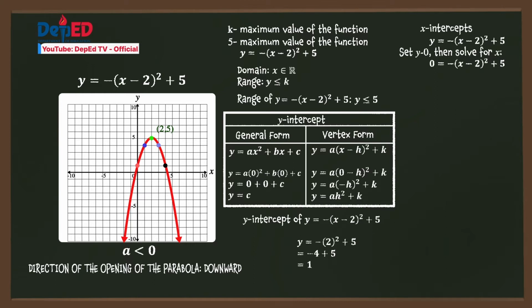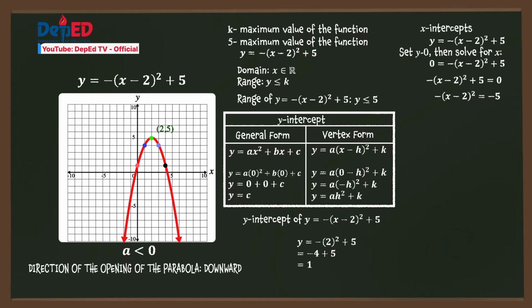Step 1. Applying the symmetric property, the equation becomes the negative of the square of the binomial x minus 2, plus 5, equals 0. Step 2. Subtracting both sides by 5, the equation becomes the negative of the square of x minus 2 equals negative 5.